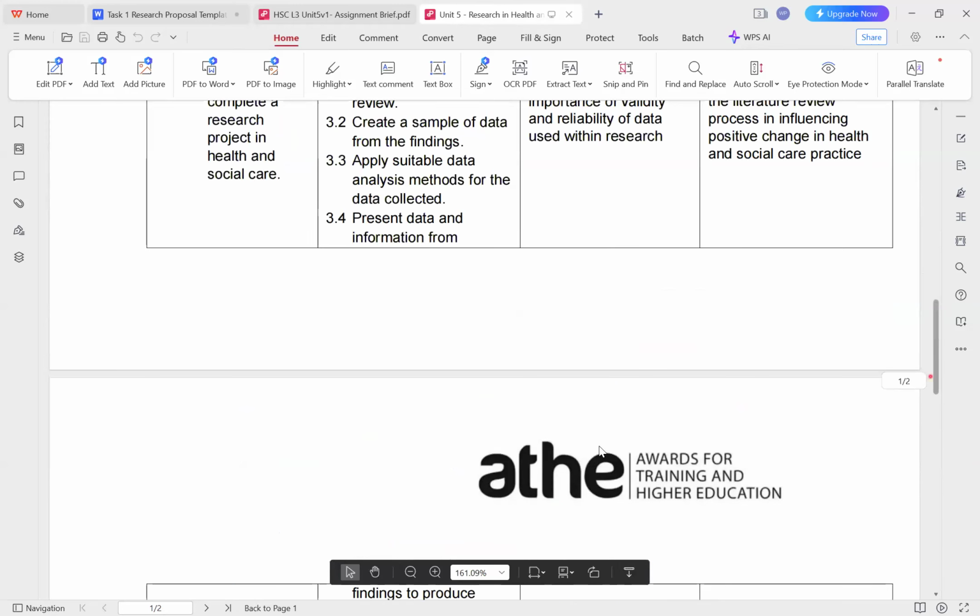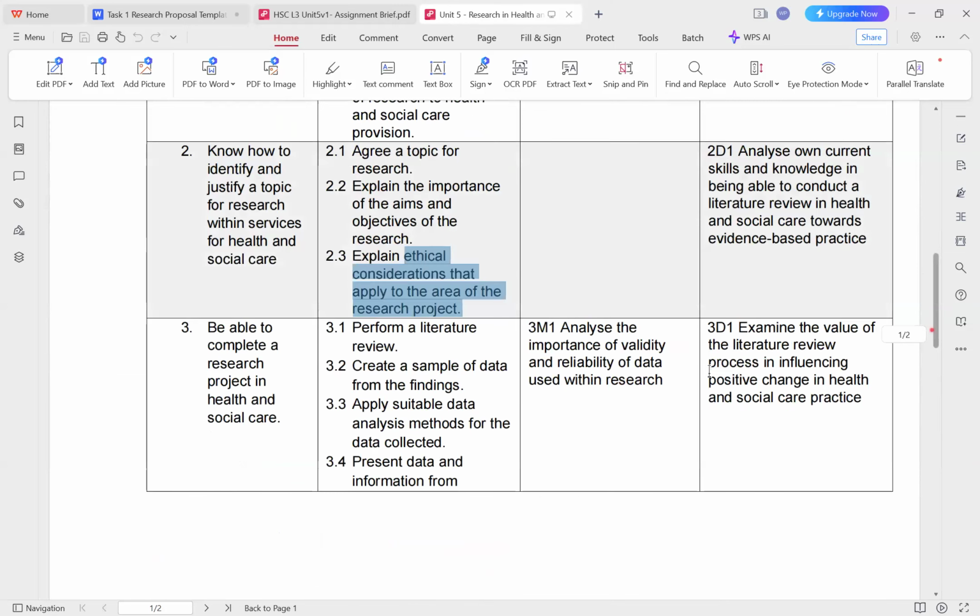In order to gain a merit here, you're analyzing the importance of validity and reliability of data used within the research. In order to gain a distinction, you would explain the value of the literature review process in influencing positive change in health and social care practice.